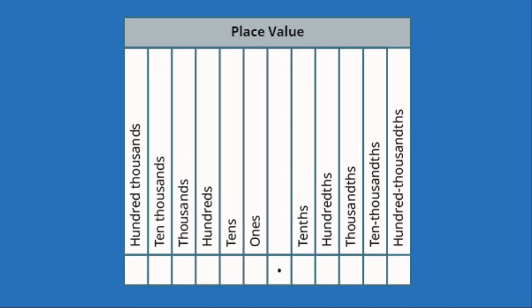Those are whole numbers that we should already know. Something new are the names from the decimal point to the right: tenths, hundredths, thousandths, ten-thousandths, hundred-thousandths. Those are the names of the place values from the decimal point of a number to the right.